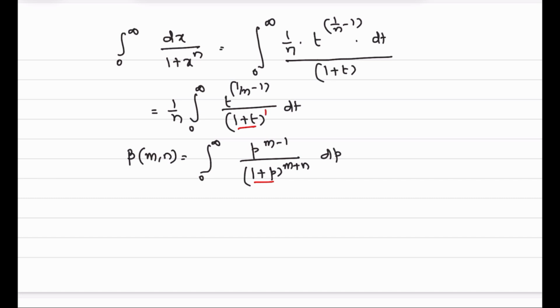To the power of 1 here, that means from these two, if you put m plus n is equal to 1, and m minus 1 is equal to 1 by n minus 1. Then what happens?